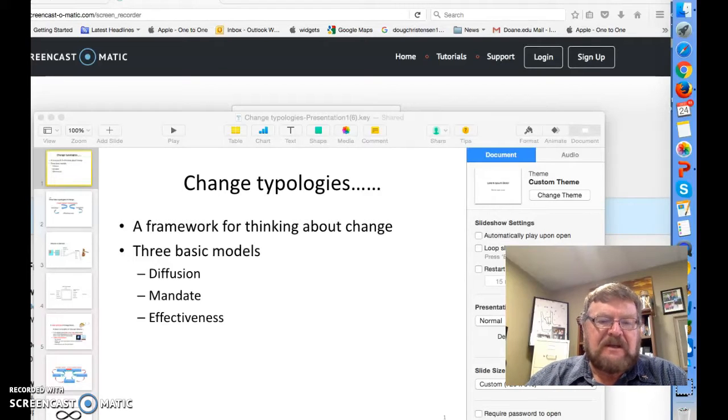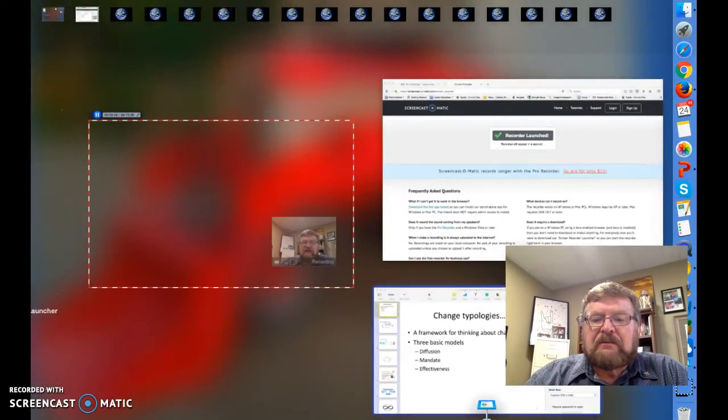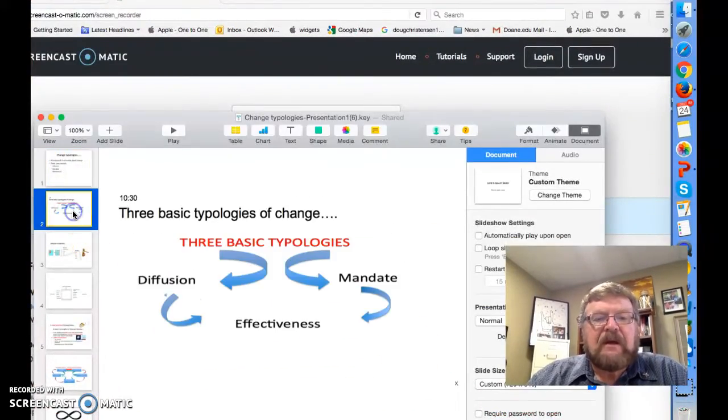You don't very often see these terms in the literature, but they are the three typologies. One is called the diffusion model, one is called the mandate model, and one I simply call the effectiveness model. When you begin to look at the change models, they fit into those three: diffusion, mandate, and effectiveness.